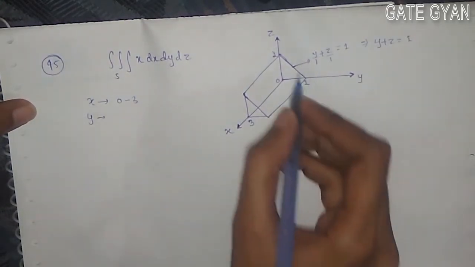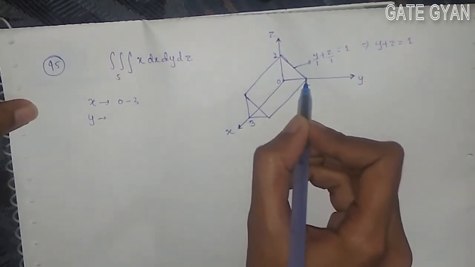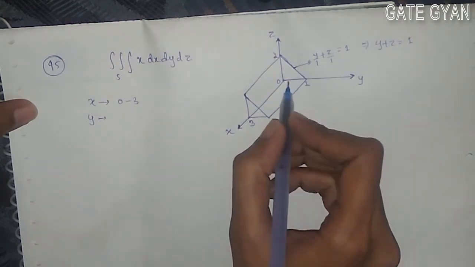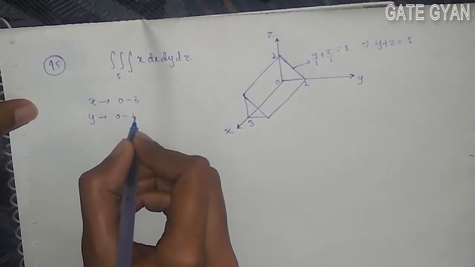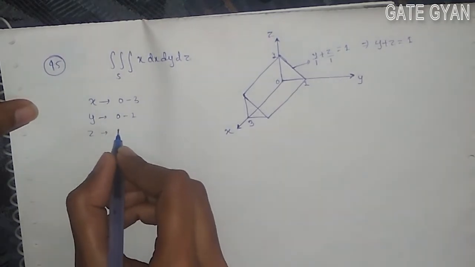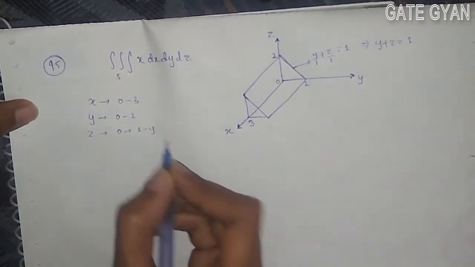Now if we take the limit of y, we will take one limit constant and the other limit variable in terms of y or z. So if we take the limit of y as constant, that is from 0 to 1, then the limit of z is going to be from 0 to 1 minus y.